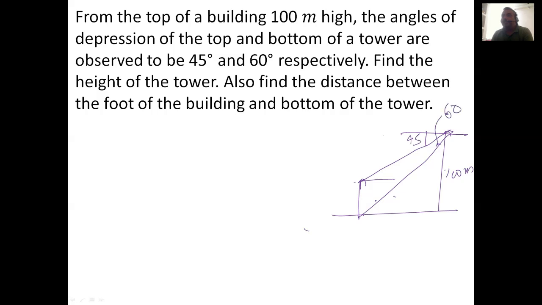Since we know that this line and this line are parallel, this becomes 60 degree and this becomes 45 degree. First thing, which is quite clear. Find the height of the tower. Suppose this is x, and the distance between the bottom and the tower, let us take y. So we have to find x and y.